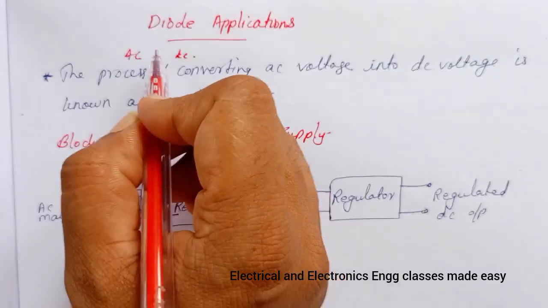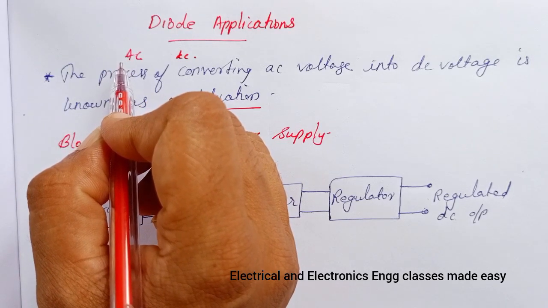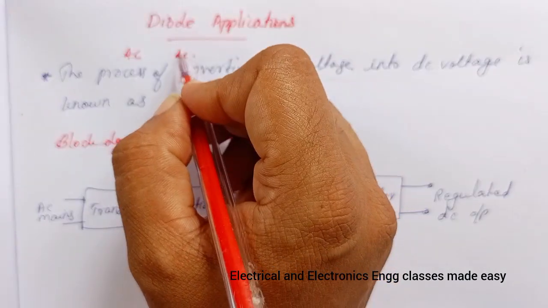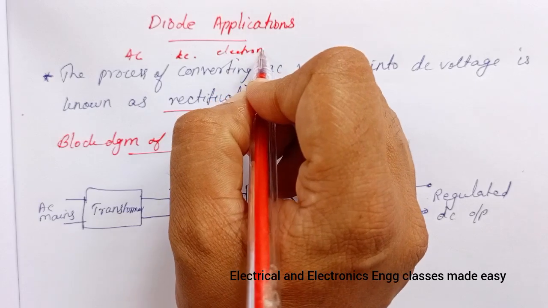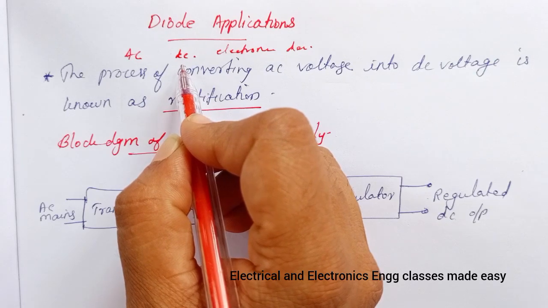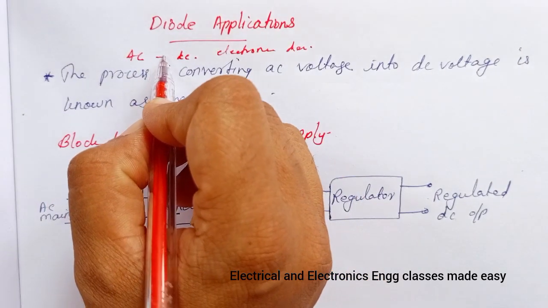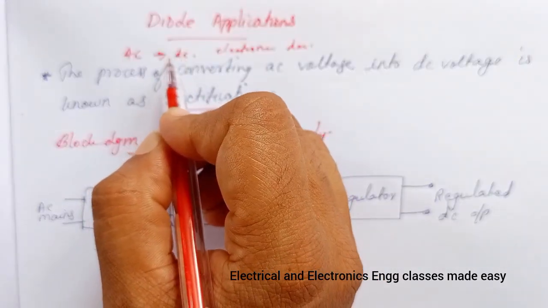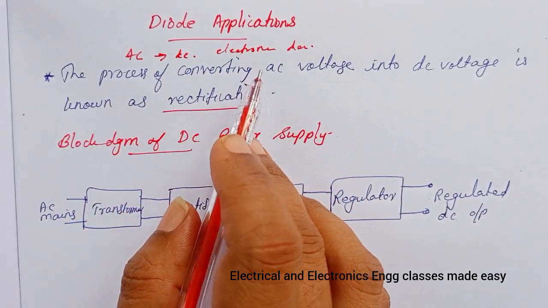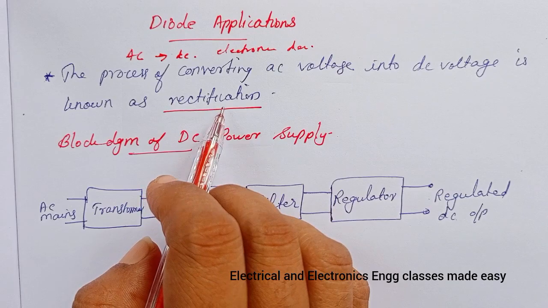One of the important reasons is that AC is more easily generated and transmitted over long distances, but most of the electronic devices and circuits need DC voltage for their operation. The most convenient way to change AC to DC is by means of a rectifier. The process of converting AC voltage into DC voltage is known as rectification.